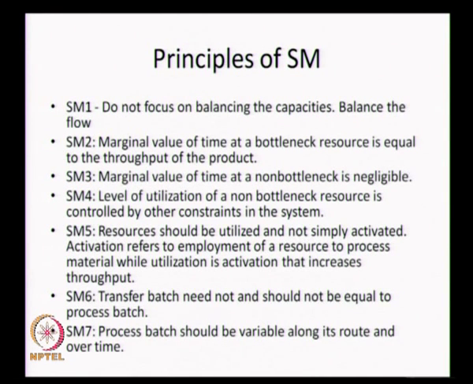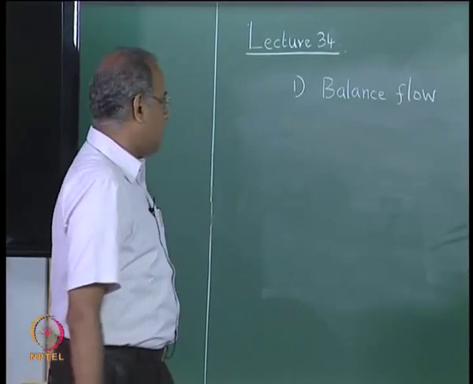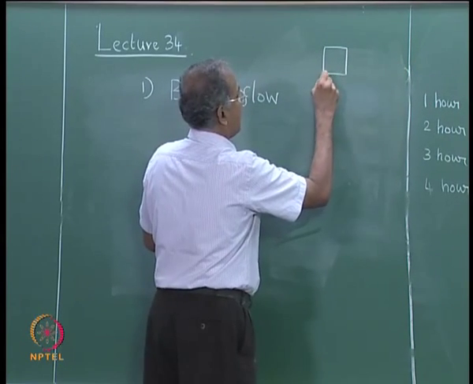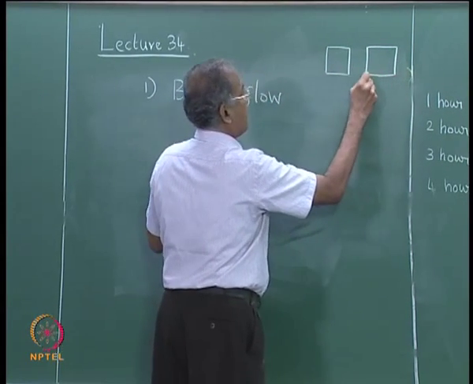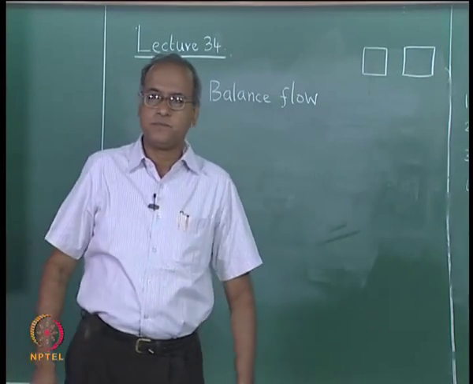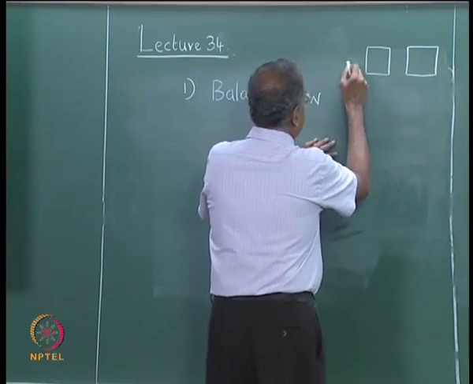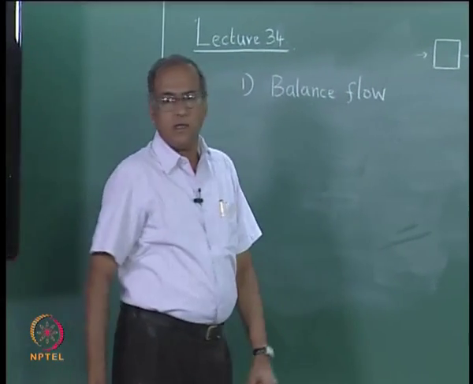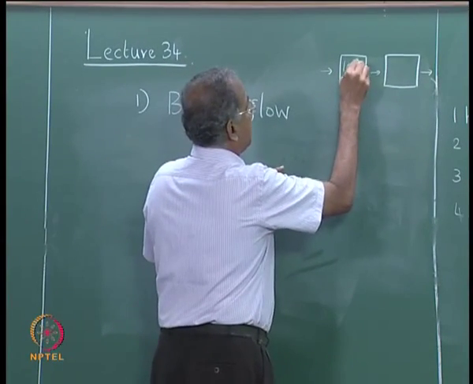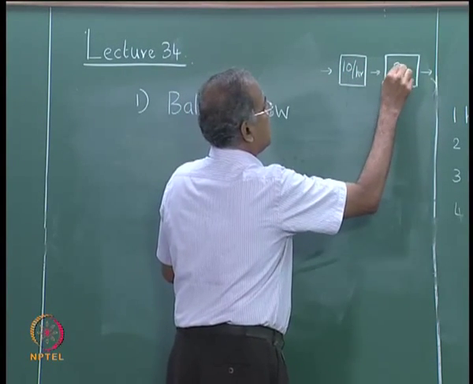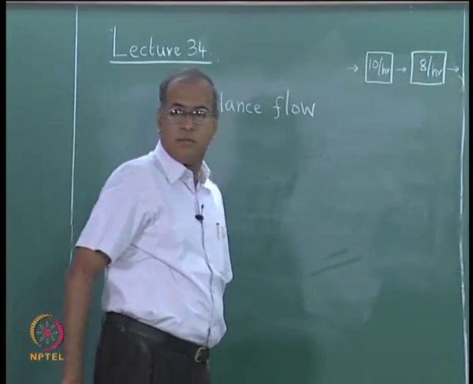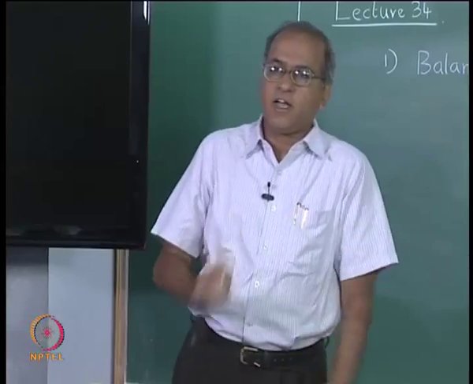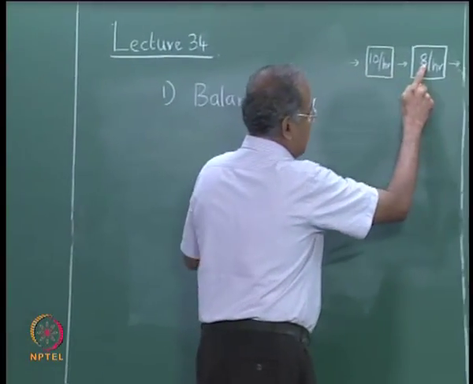Now, what is capacity and what is flow? So, if there are 2 machines that are required to make a product, if we say that the process goes like this, if this machine can make 10 per hour, if this machine can make 8 per hour, if we balance capacity, then every hour this will make 10, this will make 8.